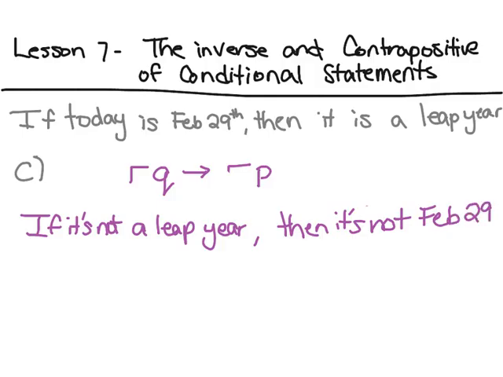So we know it's not a leap year. That's our true statement. Then it's not February 29th. Now, because a leap year has to have a February 29th, we know that that's also true. It can't be February 29th if it's not a leap year. So not Q to not P is true. So for this one, our contrapositive statement is true.